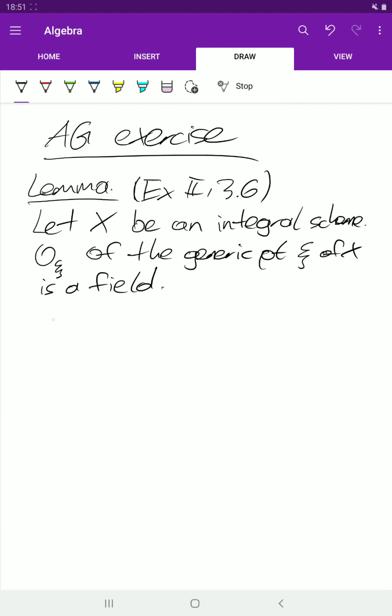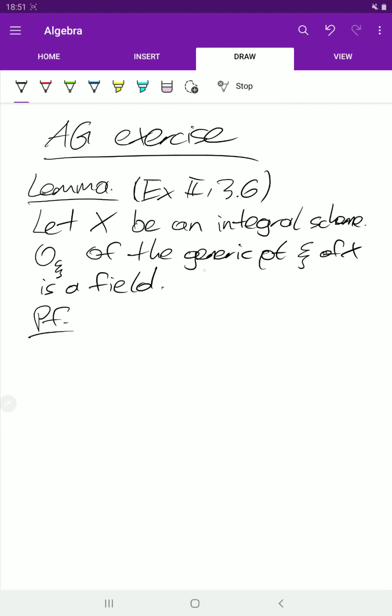And so let me first recall a few things. A scheme is integral if and only if it's irreducible and reduced. So that's the first thing. And a closed subset of an irreducible scheme has a generic point.